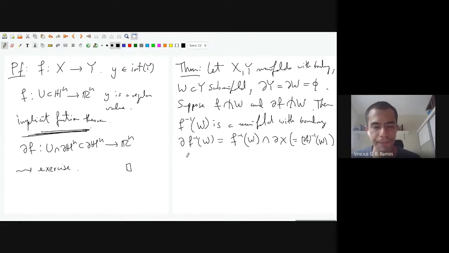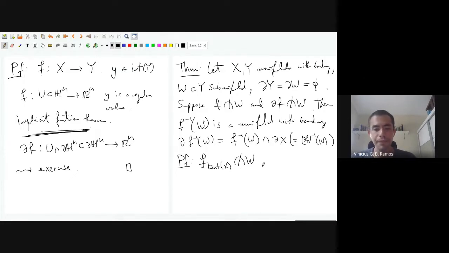Well, as before, first of all, you can look at what happens in the interior of X. If you're at an interior point, then we have the transversality theorem from before.